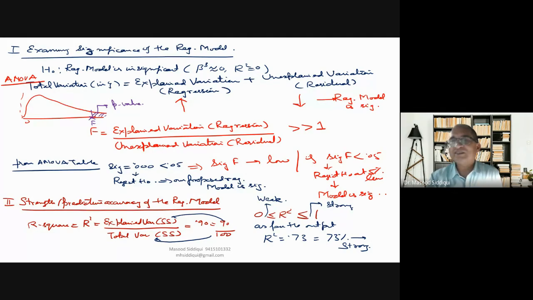We can always say that our model is able to explain this much percent of the variation, or we can say our model has a predictive accuracy of 73%. And if we do that, we transfer the onus to the other person, whether the other person is ready for 73% or wants a higher value or even accepts a lower value.